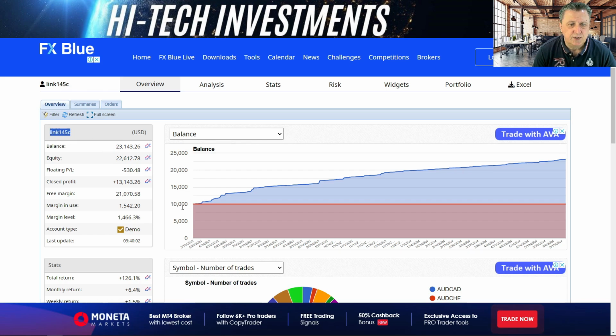Now, the balance itself, as you can see on the graph here, it's at 10,000. So it started off here, and then it's pretty smooth all the way up here with a couple of very quick profits. And then since then, it has been going quite well. One of the things to note here also is that normally as more money is coming into the account, you will also increase your lot size in order to basically keep the same percentage at all times.